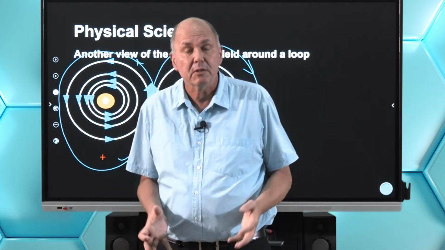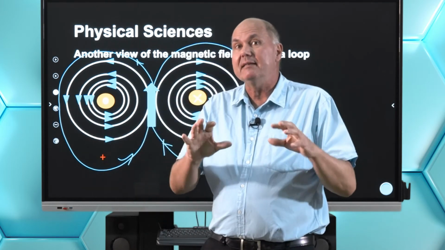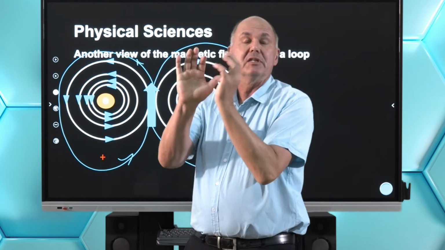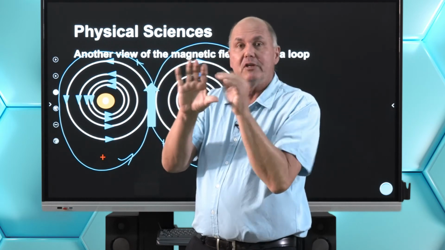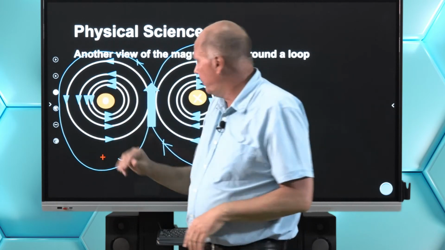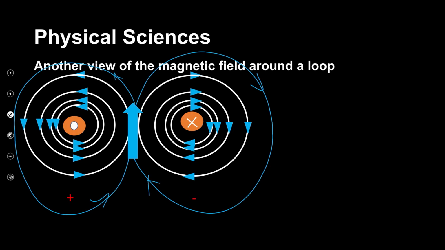So we're not surprised that when we looked at that loop end on, we saw all the field lines going into the board, and that they were similar to the South Pole. Well, it's absolutely, because this is where we were looking from. Our eye was looking from this position, which is the South Pole, and this position is the North Pole.